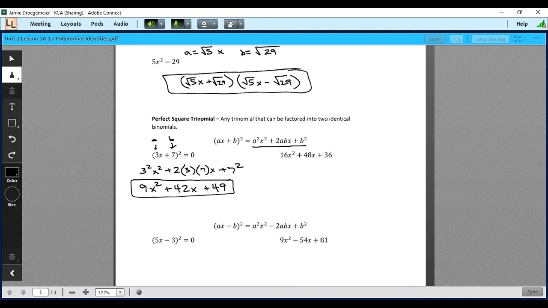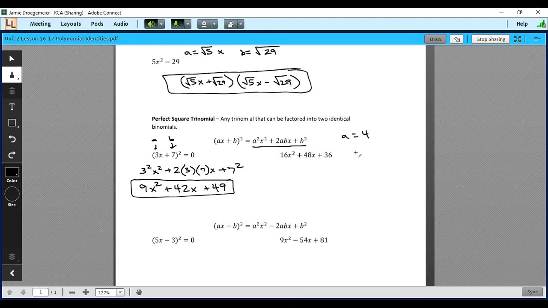If we look at this example that I have here, 16x squared plus 48x plus 36, here we're going the opposite direction. The square root of 16 is 4. So 4 is going to be my value for a.